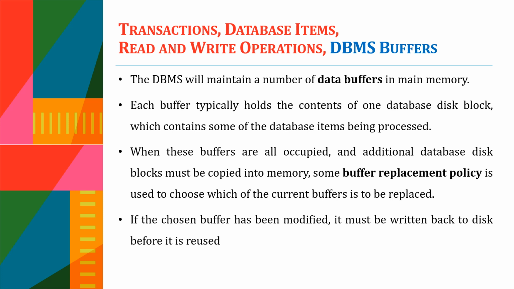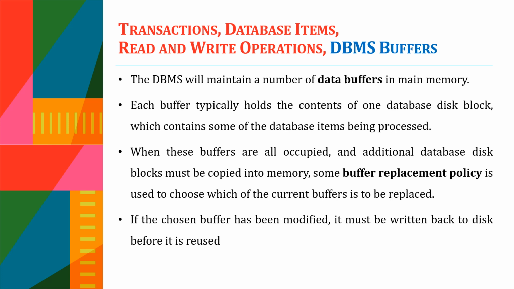The DBMS maintains a number of data buffers in main memory, and each of these buffers typically holds the contents of one database disk block which contains some of the database items being processed.